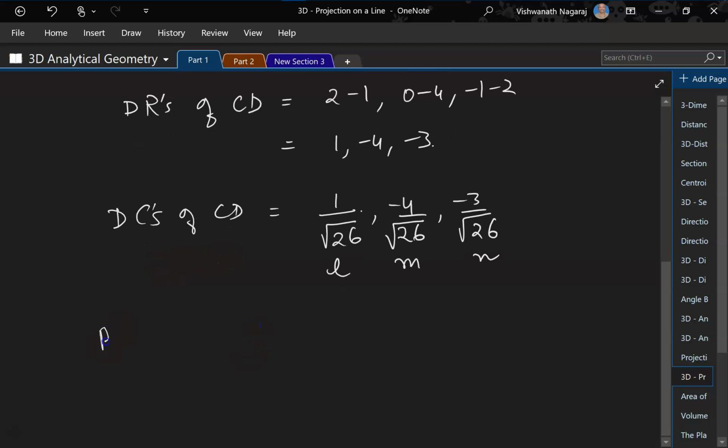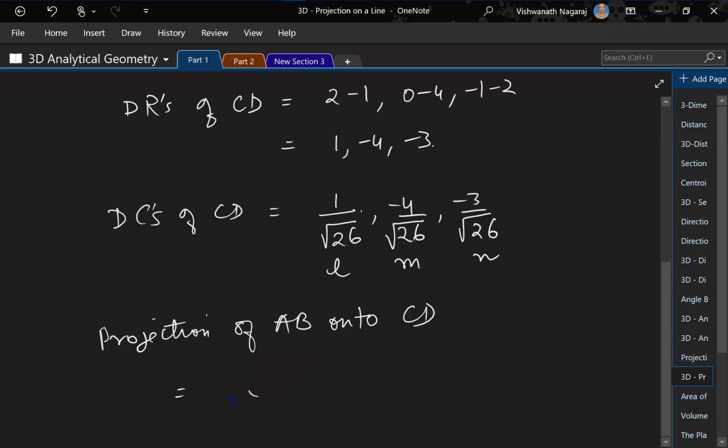So now projection of AB onto CD would be the direction cosine times the direction ratio of AB.